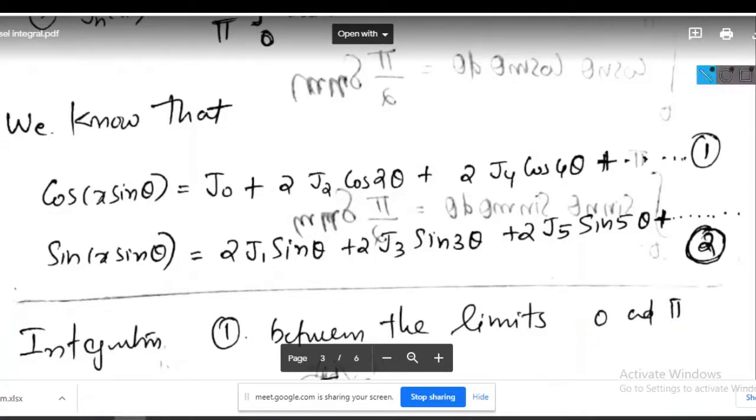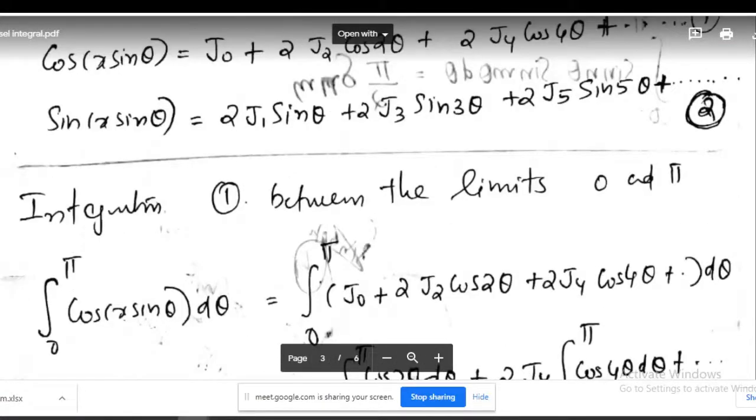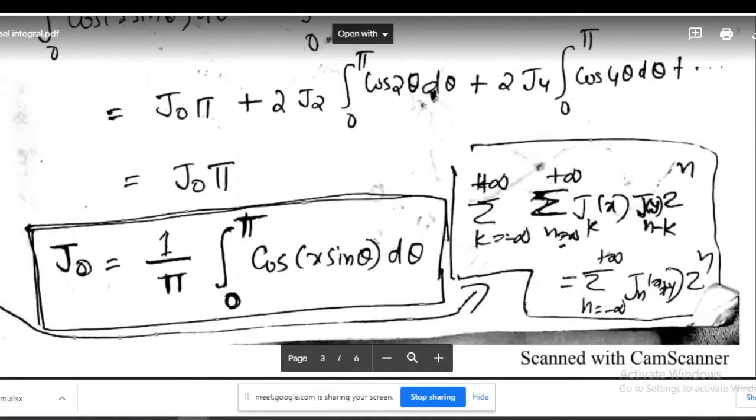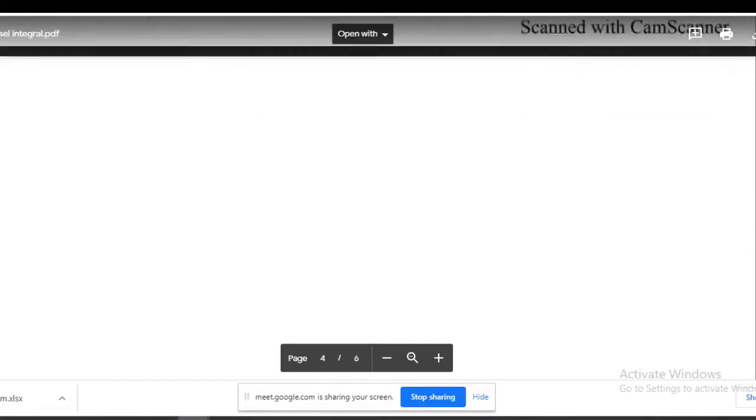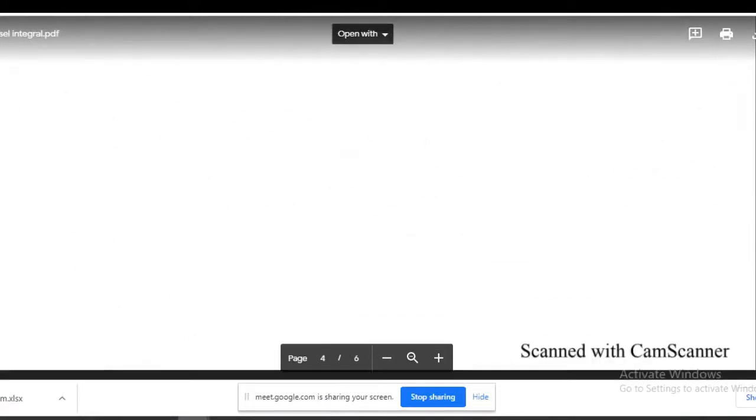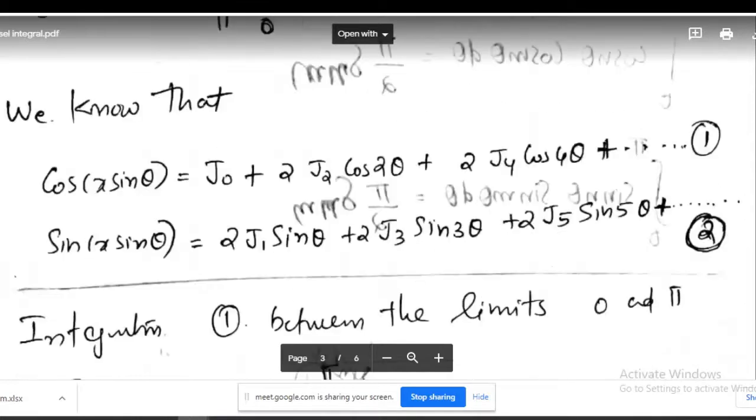So what will be the result that you get? Can you work it out? I think you have understood what I said. You have to multiply sin x sin theta by sin n theta, and then integrate between the limits 0 and pi.